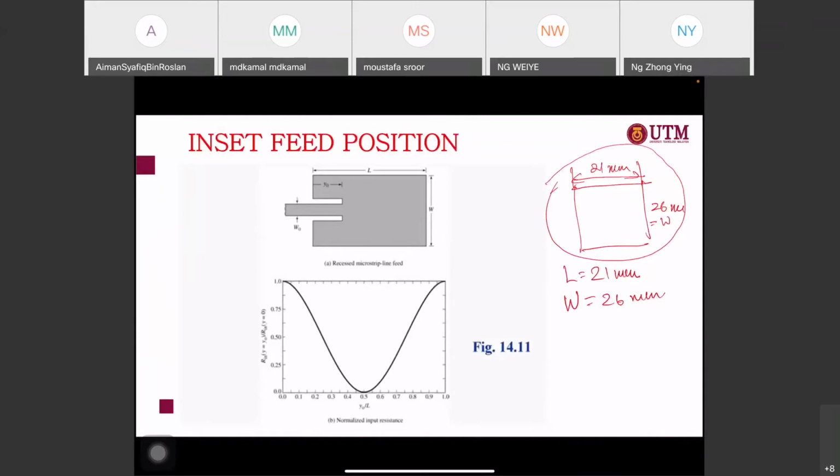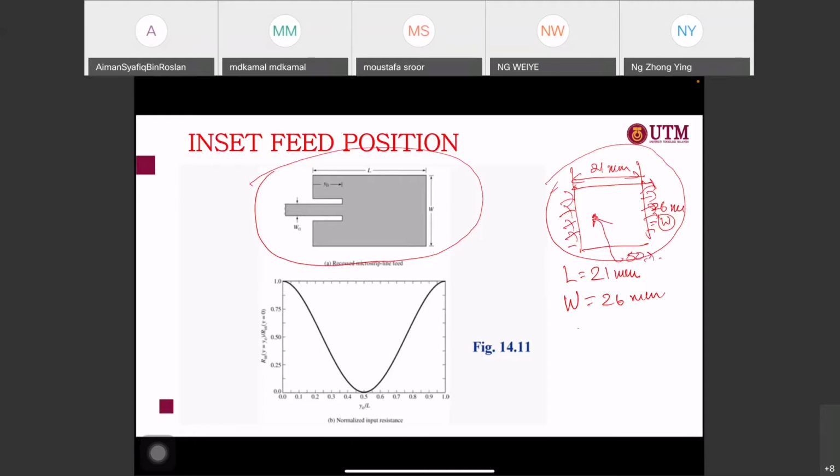One of the techniques, as you can see here, is the inset feed position, where you need to find, let's say, for example, this is your W. So this is your fringing field, for example. Now you want to match your antenna toward this fringing field with your transmission line. So you want to find the position here. Where is the position that it can match with 50 ohms?